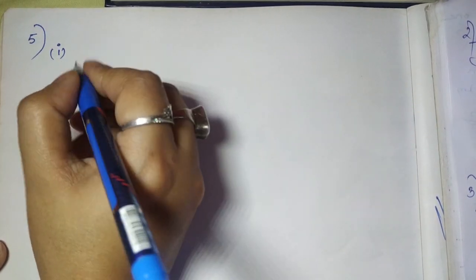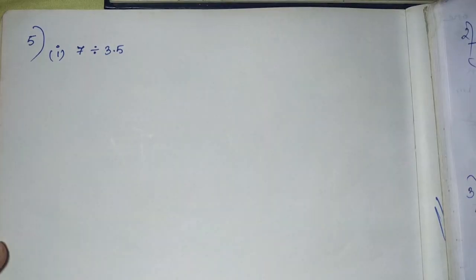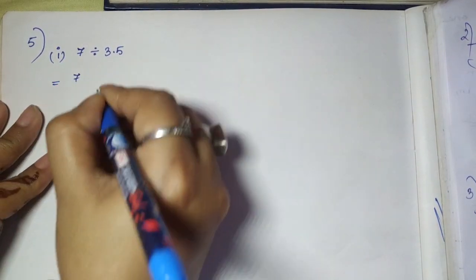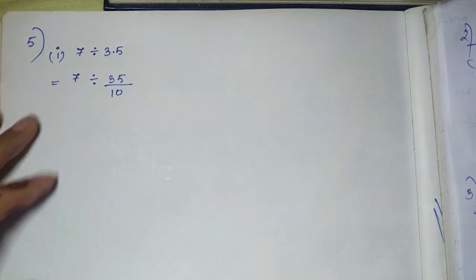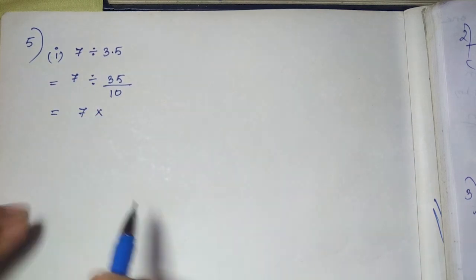Here it is again division between whole numbers and decimal numbers. See this one, okay? So this is given as this. So what I do, I'll keep this one as it is. As I told, change it into a fraction. 35 by 10, right? Now I will change the sign to multiplication.